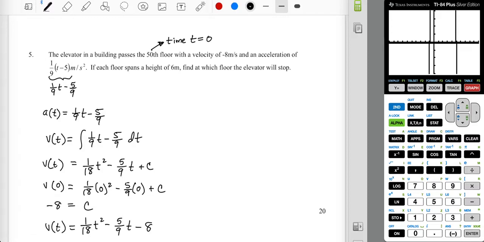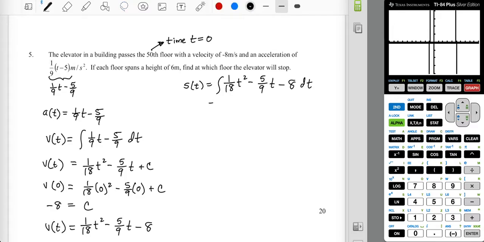All right, now ultimately we need to find out which floor the elevator is going to stop, but they do give us a measure of height, so ultimately we're going to need to figure out the position function. So s of t is the antiderivative of velocity, so let's grab our velocity expression.